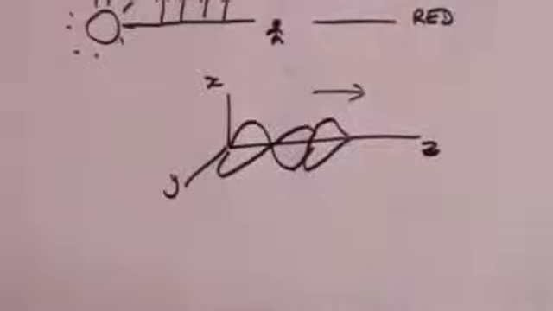So if we look at it head on, that is to say we're looking along the Z axis at the light that is coming towards us, we would represent the E field as being in the X direction and the B field as being in the Y direction.